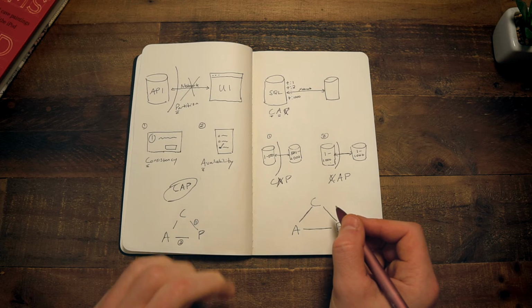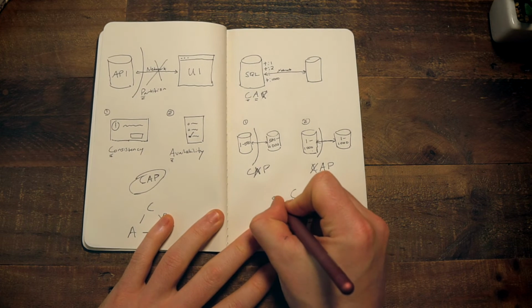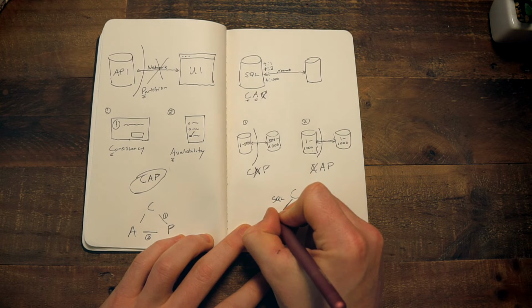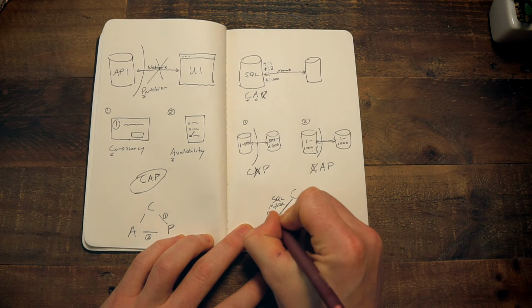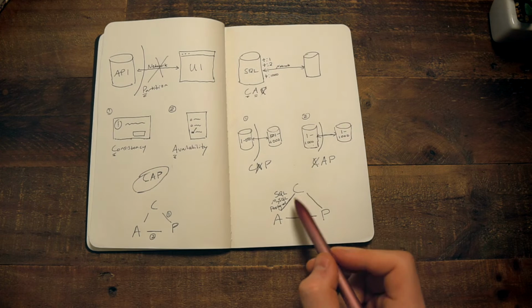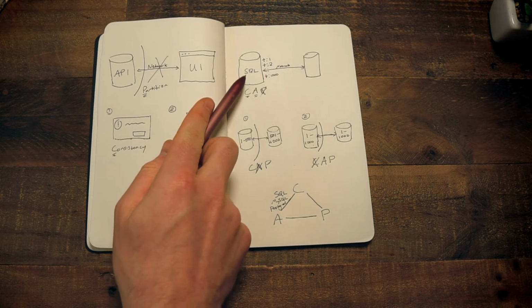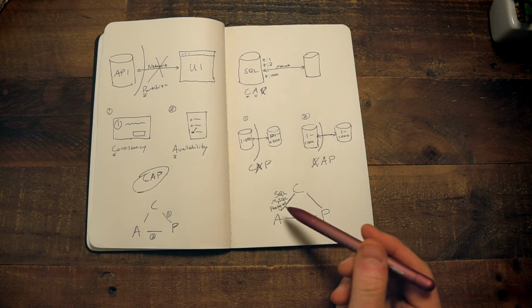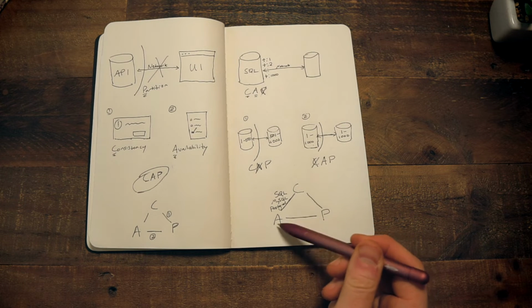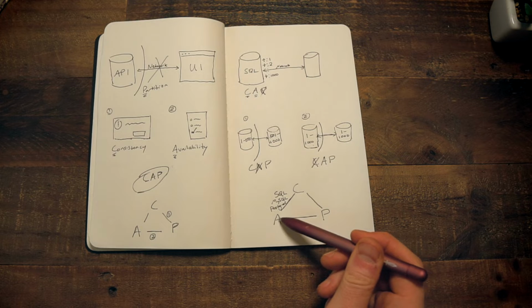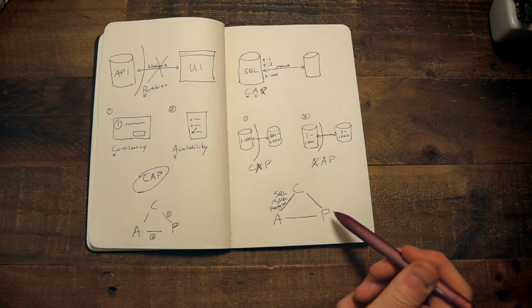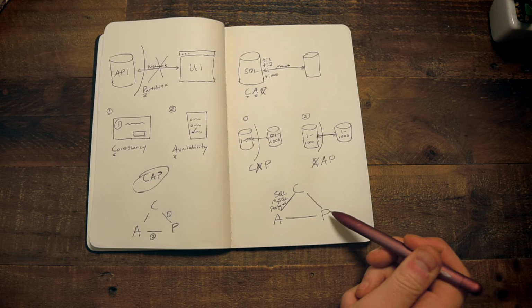And traditionally, SQL databases live over here, things like MySQL and Postgres. These are going to be CA systems. They're consistent and available because, again, going back to our original example, when they're online, they are going to be serving consistent information and not sacrificing any availability, but they are not by default partition tolerant.